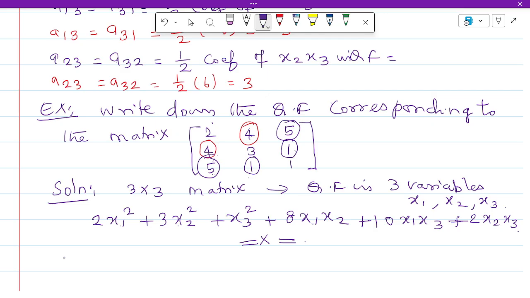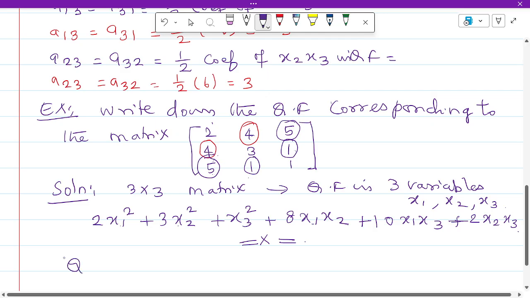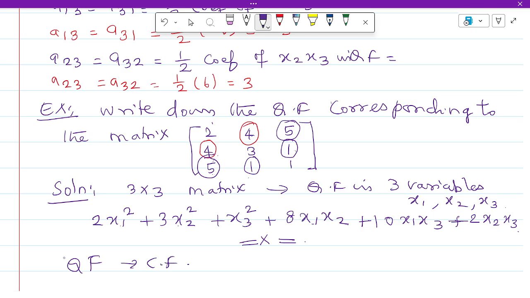You have to convert the quadratic form into canonical form. The quadratic form is X transpose AX. So what is meant by quadratic form to canonical form?